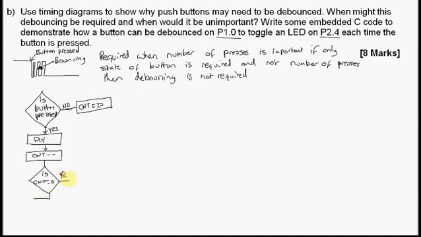If it is equal to 0, we're debounced. If it's not equal to 0, well, we go back up to here and we keep looping through until it does equal 0.